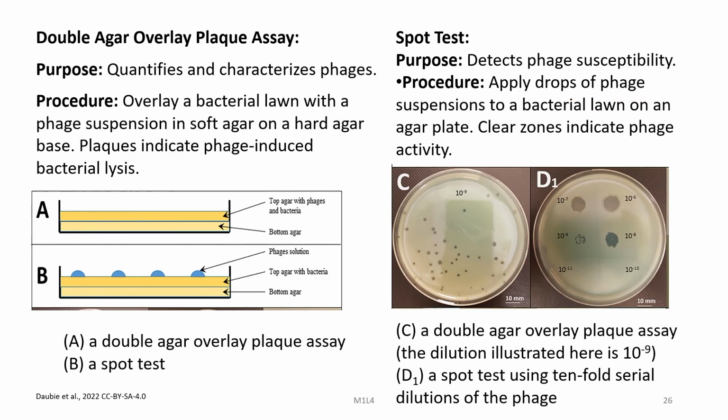So, here you can see these spot tests in B, and here you see in figure C a double agar overlay plaque assay. The dilution illustrated here for example is 10 to the power minus 9. D1 shows a spot test using 10-fold serial dilution of the phage. So, we keep on diluting it and then we carry out the test.